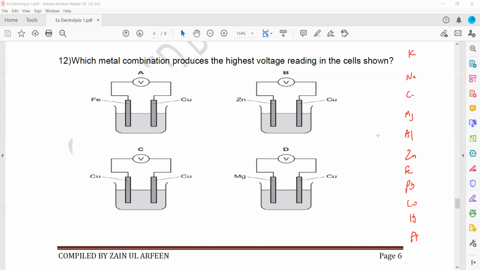So for iron and copper, zinc and copper, they do not produce as much, and magnesium and copper will have the greatest difference. That's why D will be the right answer.